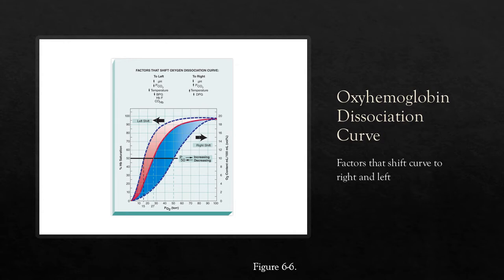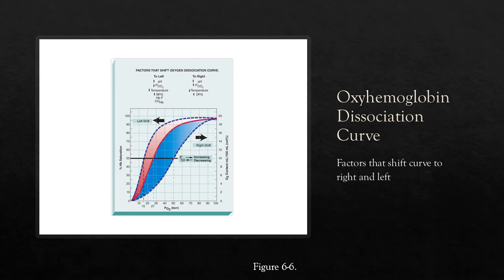Factors that shift the curve to the left and the right are pictured in figure 6.6 in your book. Look at this graphic: an increased pH, decreased PCO2, decreased temperature, decreased BPG, fetal hemoglobin, and carboxyhemoglobin will all shift the curve to the left.